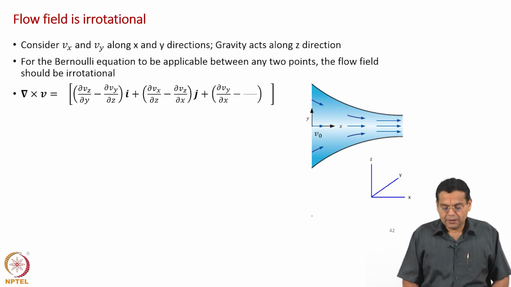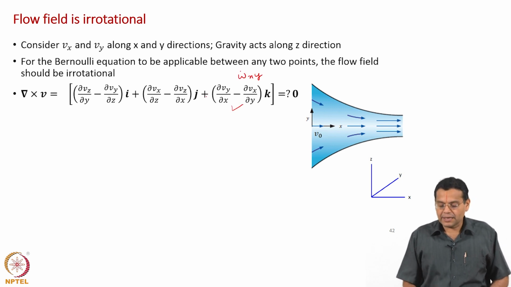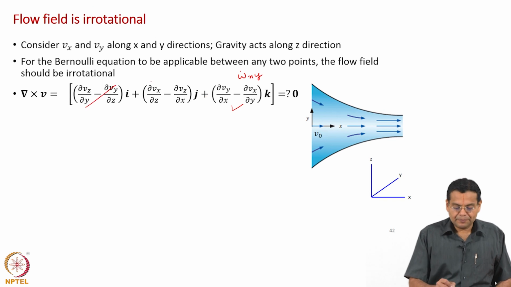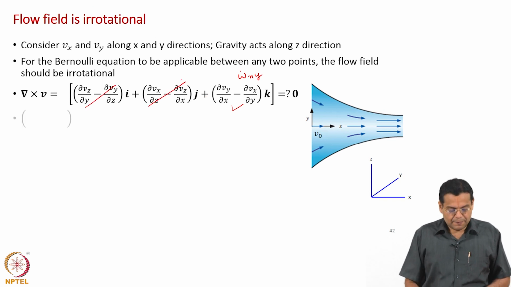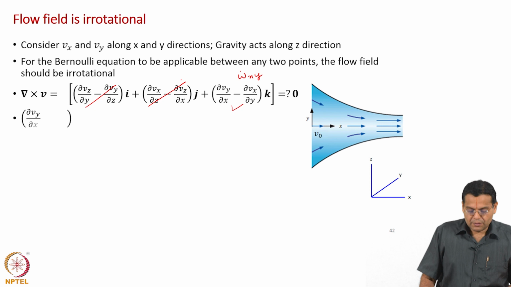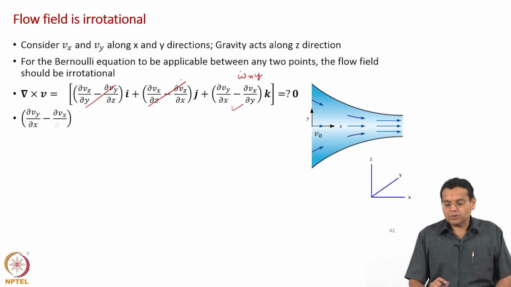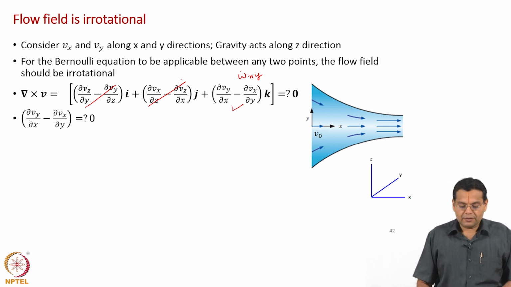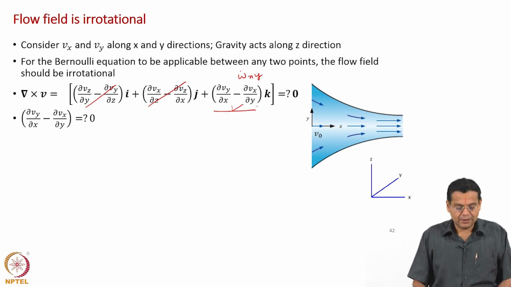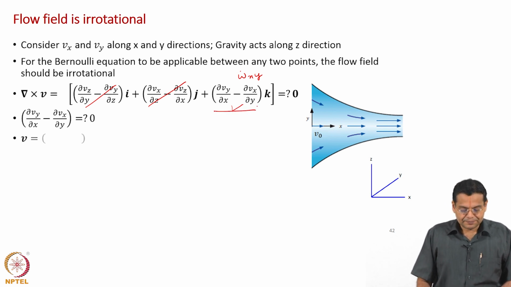Now, because we are considering the xy plane, the component which is relevant to us is this, which is divided by 2 if it represents omega dot xy. So, these terms are 0. So, we will have to show that this term is equal to 0. So, let us do that.